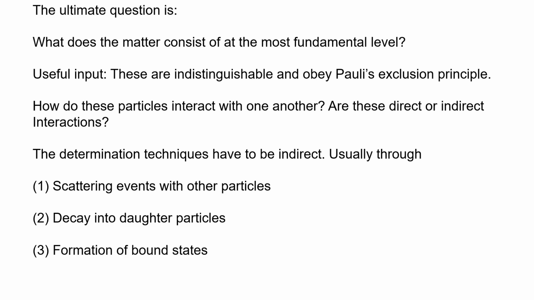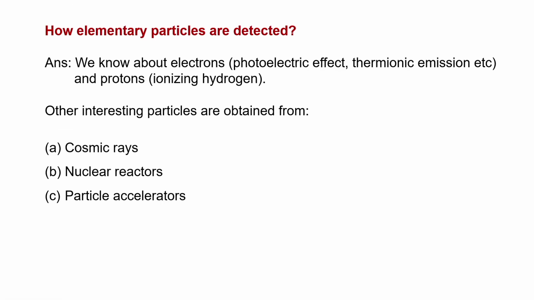As we shall see soon, these scattering events have to be done at very large energies, because these large energies enable one to know the fundamental interaction that takes place between these particles. Also through the decay into various daughter particles or products, and then the formation of bound states. So, these are usually the determination techniques that one follows in order to know more about these particles, their nature, their interaction, etc.